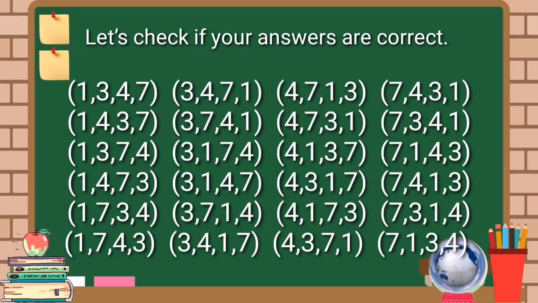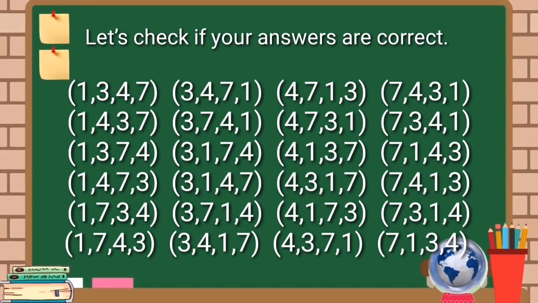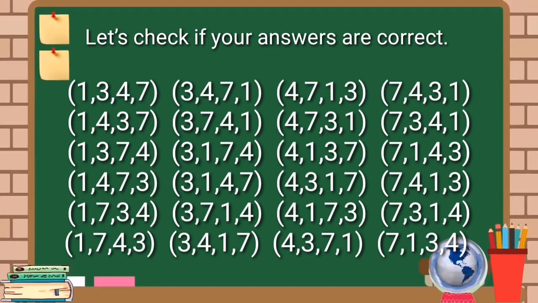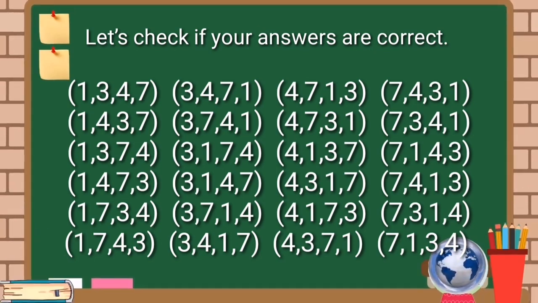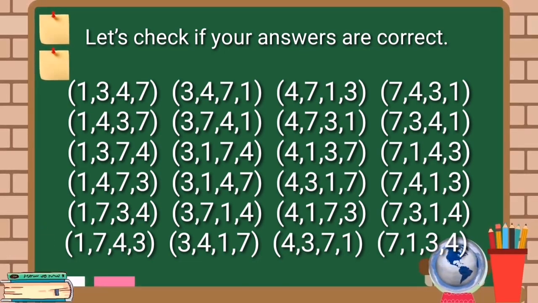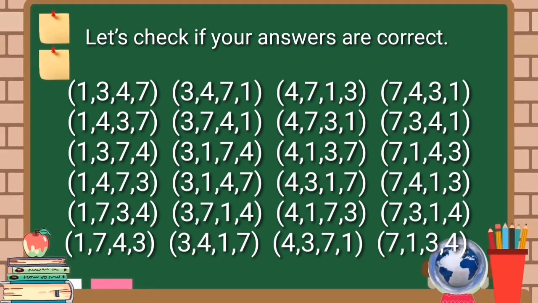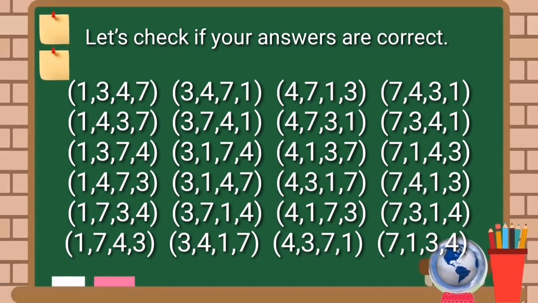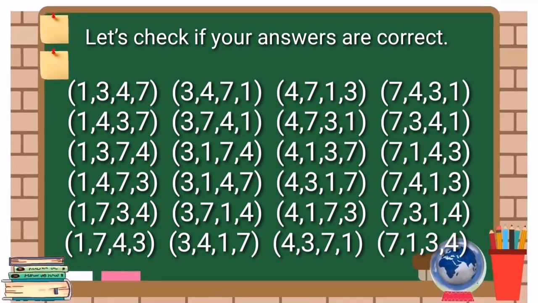So we have 1347, 1437, 1374, 1473, 1734, 1743, 3471, 3741, 3174, 3147, 3714, 3417, 4713, 4731, 4137, 4317, 4173, 4371, 7431, 7341, 7143, 7413, 7314, 7134.